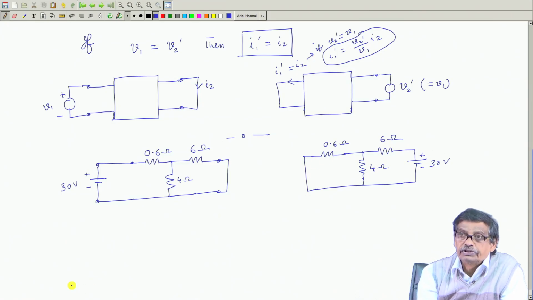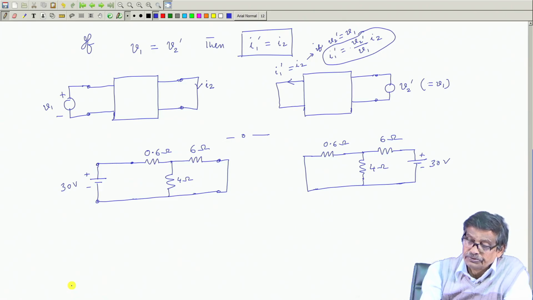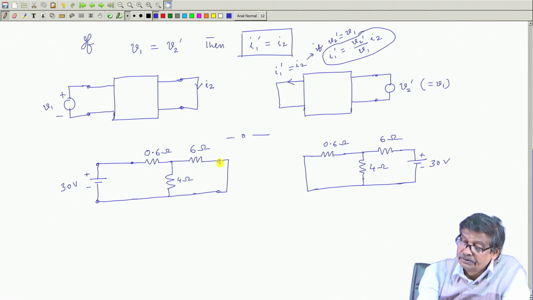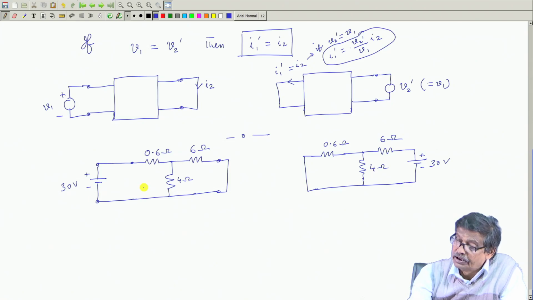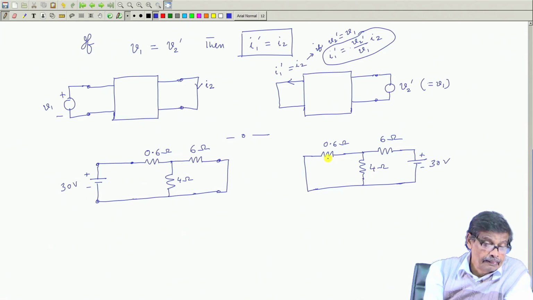This is called the reciprocity theorem. If you short these two, there will be some current here for a given applied voltage between these two terminals. Then to these two terminals, if you apply that same voltage, what will be the current?